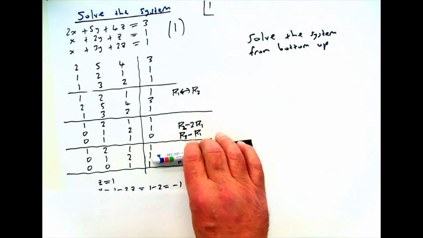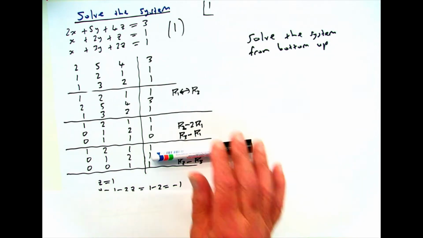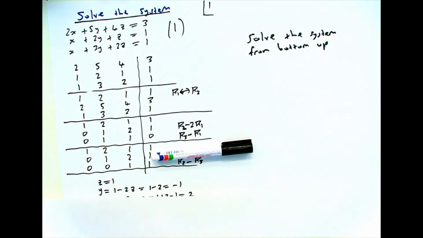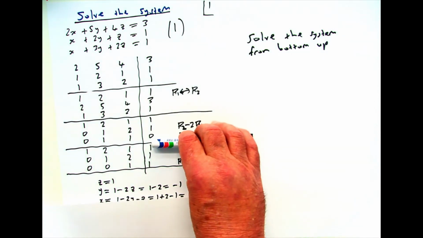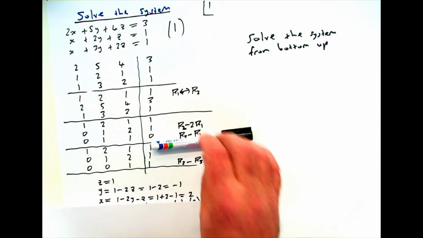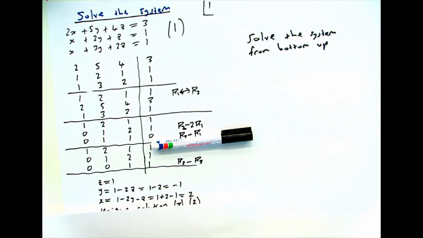Now we look at the next row, which says y is equal to 1 minus 2z, taking it over to the right-hand side. Y is 1 minus 2z, and that means that y is minus 1. Okay, and then we go all the way up to the next row. Now we can get x.